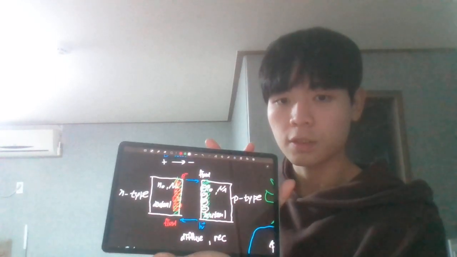Electrons move from the left side to the right side, making a recombination with the acceptors in the p-type, and just like that, holes in the p-type move to the n-type, making a recombination with the donors in the n-type.